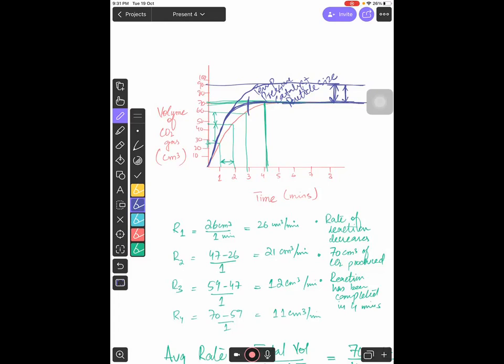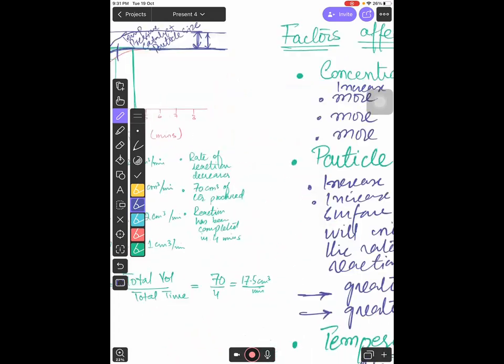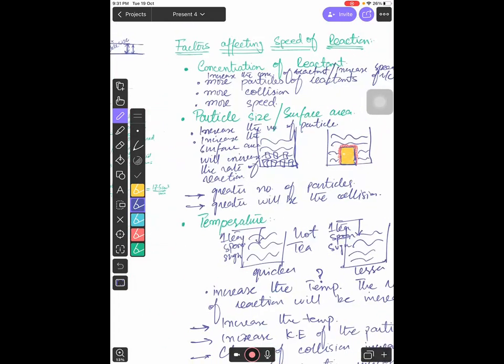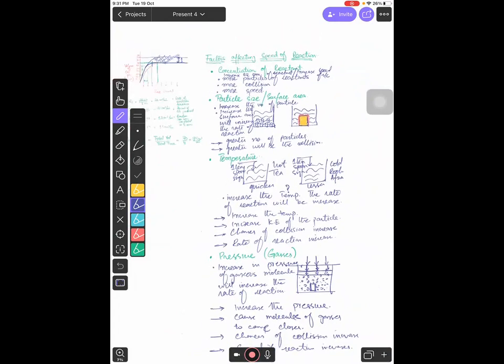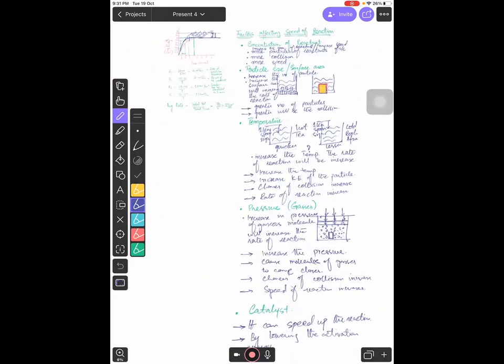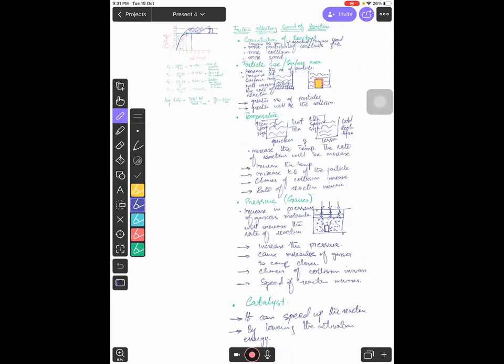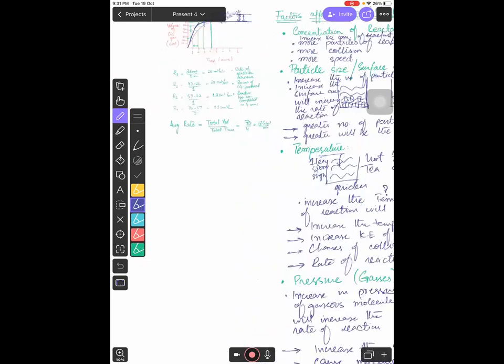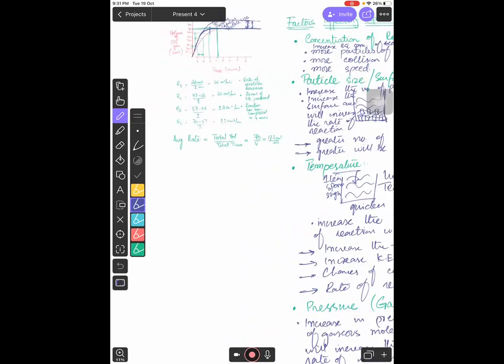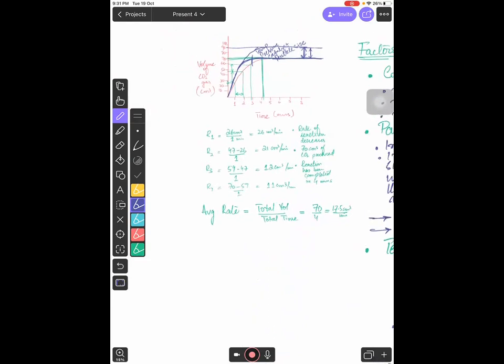Is that clear, Hamza? Yes, sir. Okay, so you need to remember these things. These are a very important part of this chapter. You can take a snap of this. It is a difficult one to take, but first take a snap. It's an important one.